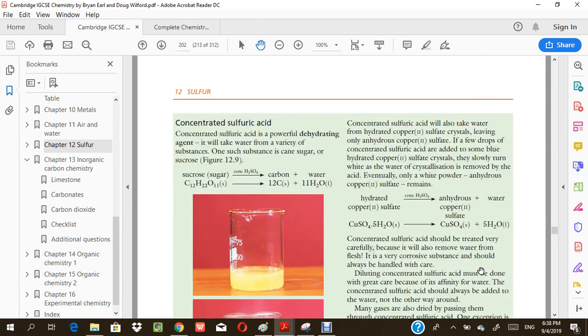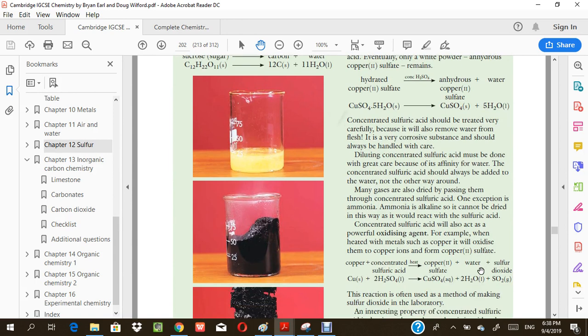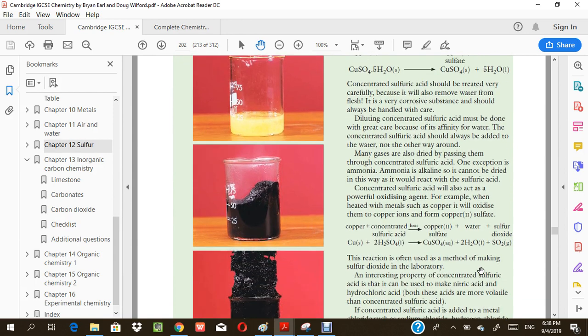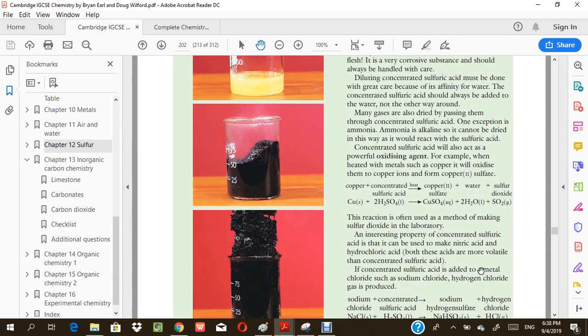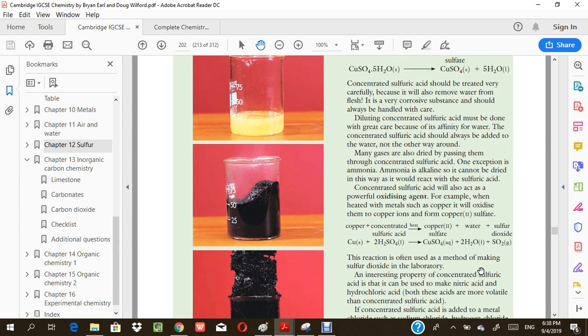Okay, here comes this picture. So here I have a solution of glucose. I add sulfuric acid to it, and this is what's left. Why? Because this concentrated sulfuric acid rearranged the molecules of glucose, and what it did was it rearranged the hydrogens and oxygens in that glucose, made them into water, and removed them.